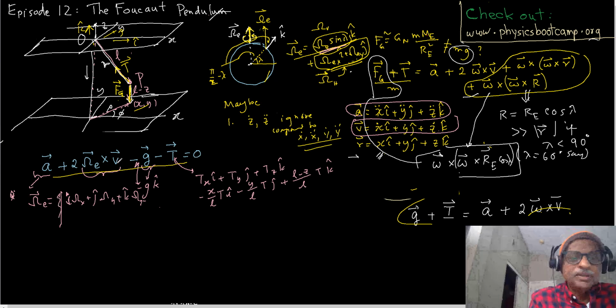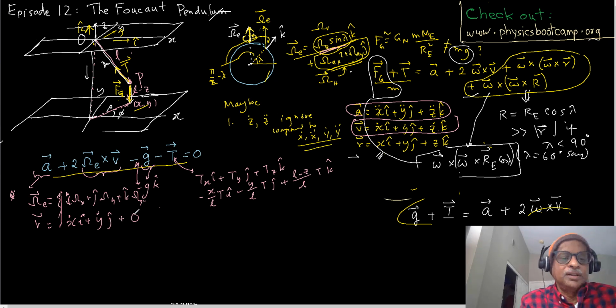And v will be x dot i hat plus y dot j hat plus 0. So I can just work it out, and let me write that down.